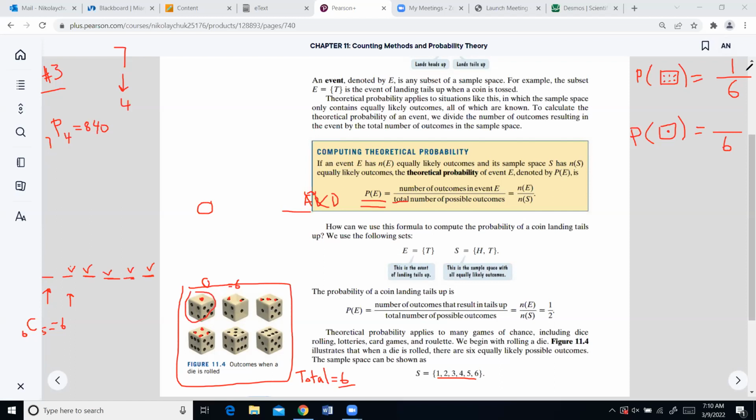That gives me 1, so it looks like it's also a 1 out of 6 probability. And it's the same as if you find the probability to get 6. So 1 out of 6 looks like it will be the probability to get any of these outcomes when you roll your die.